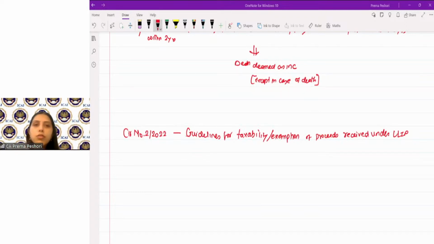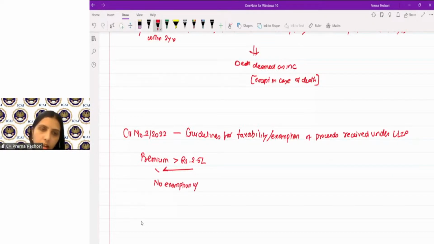So if my premium is greater than rupees 2.5 lakh, then no exemption under section 10(10D). If it is less, then exemption under section 10(10D).